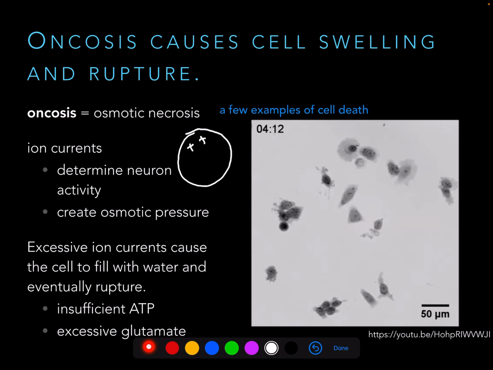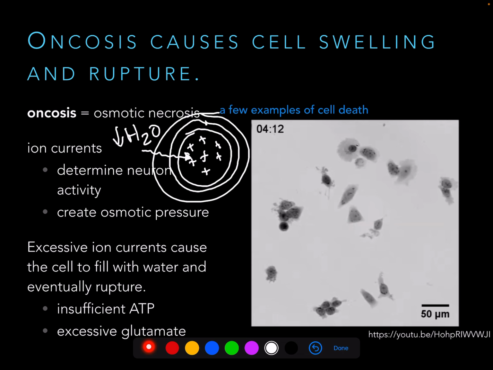If we start to fill this thing up with sodium, what that essentially does is decrease the effective concentration of water inside the cell. This then creates an osmotic gradient, so water comes in. That causes the cell to swell and swell until it eventually pops.